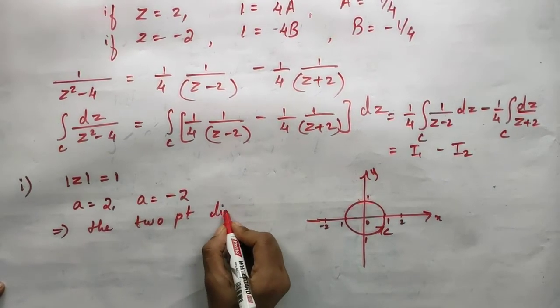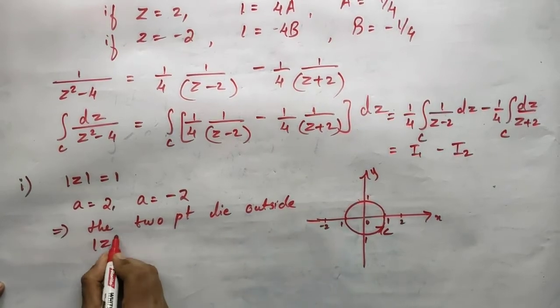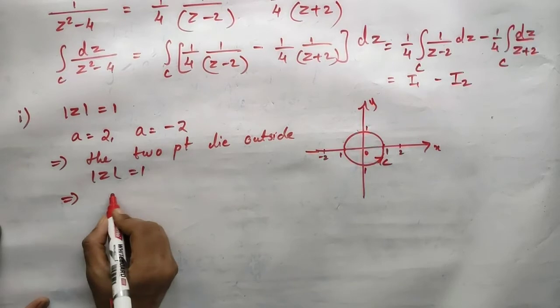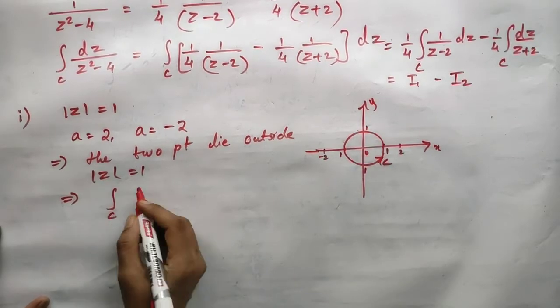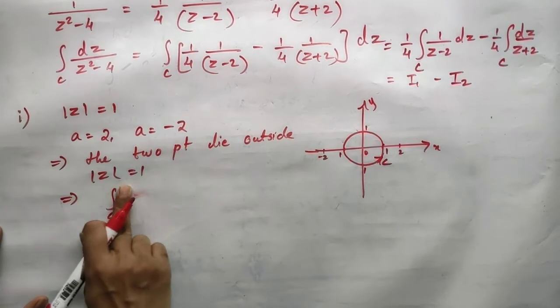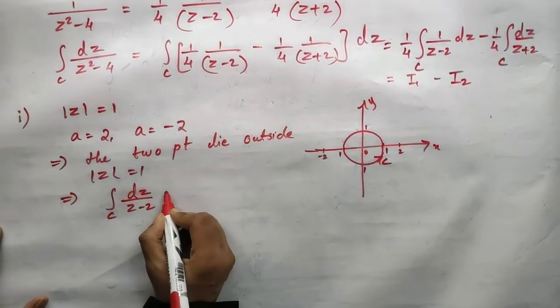lie outside mod z is equal to 1. If it is lying outside, what do you mean by that? This implies the integration over the curve C of dz divided by z minus 2 is 0.